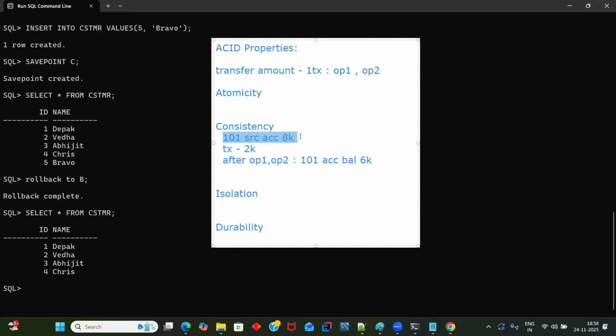Let's say you confirm that both operations are done, but this account still has an 8K balance. Then we can say it's not consistent. This is a proper consistency state. Makes sense? What is consistency?